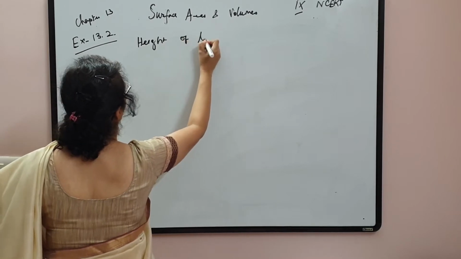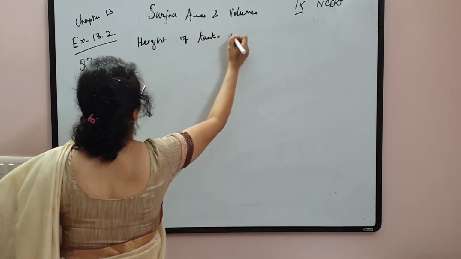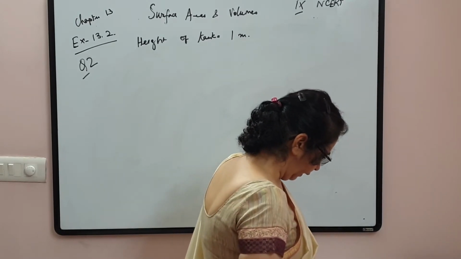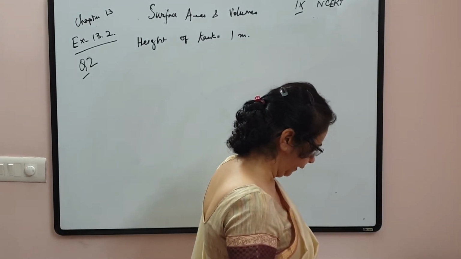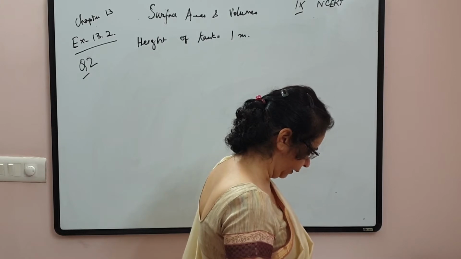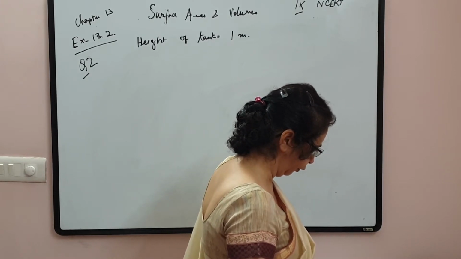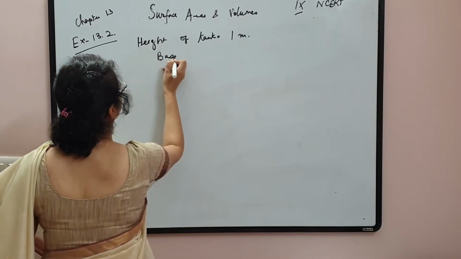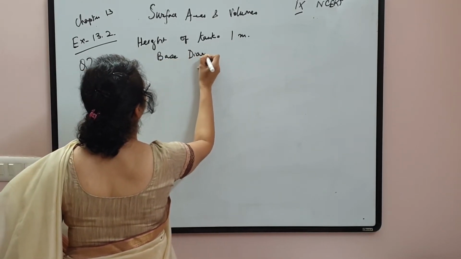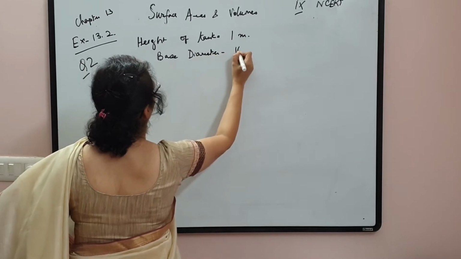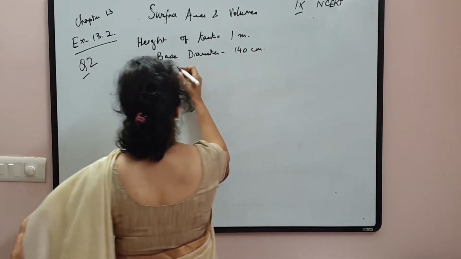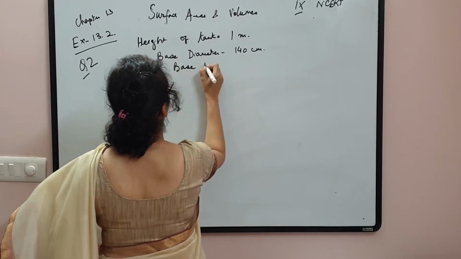Base diameter is 140 centimeters. That means base radius is what?